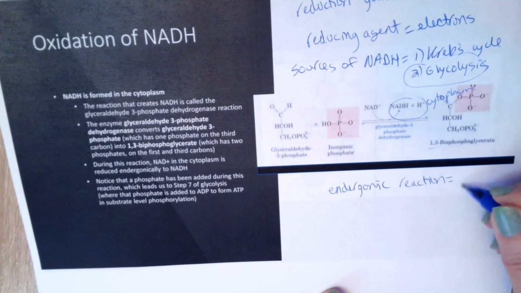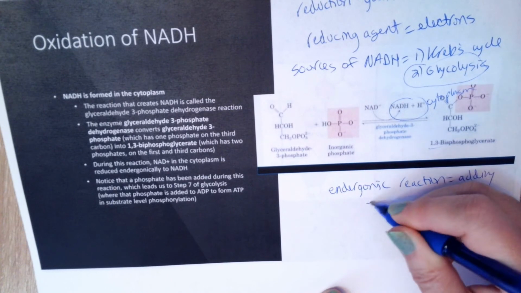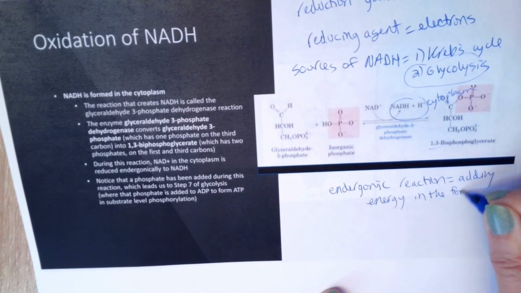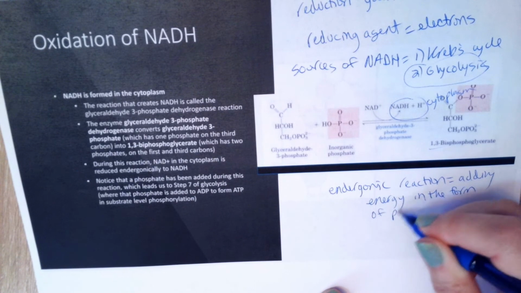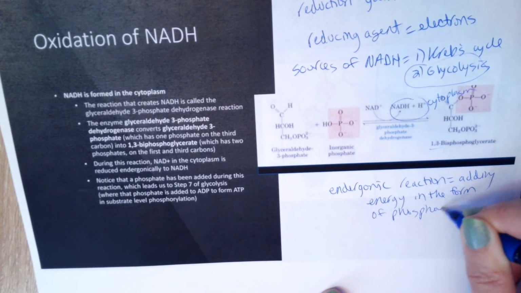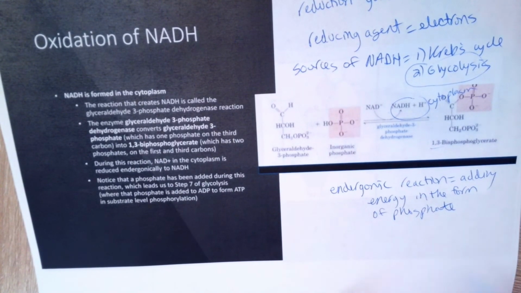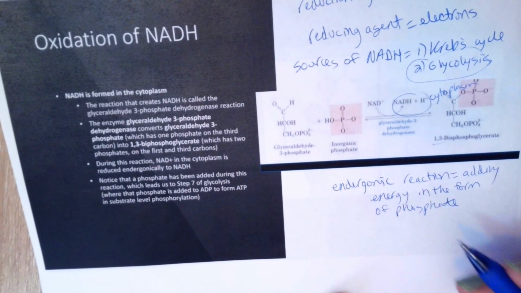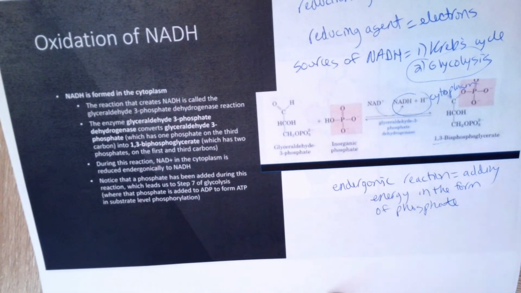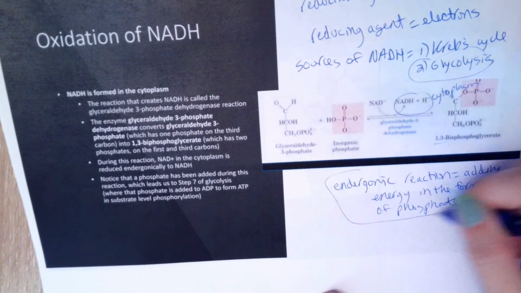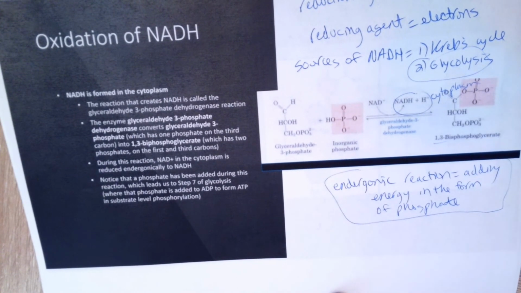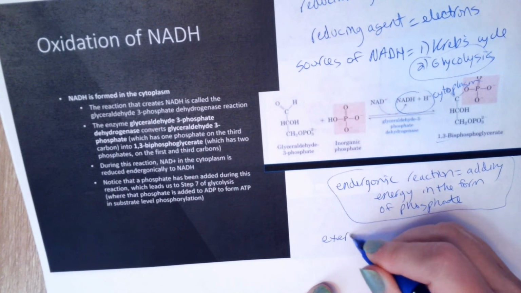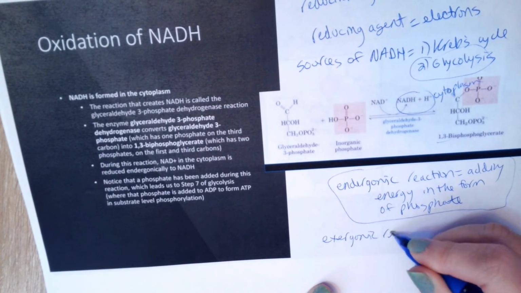So we're adding energy in the form of phosphate into our molecule here. So if we were going to be breaking apart the phosphate and releasing the energy, that would be called an exergonic reaction. So that releases energy.